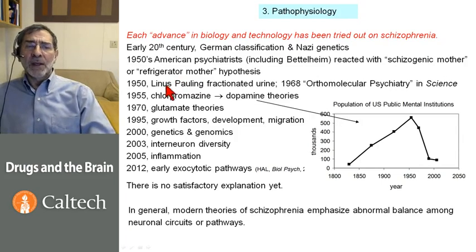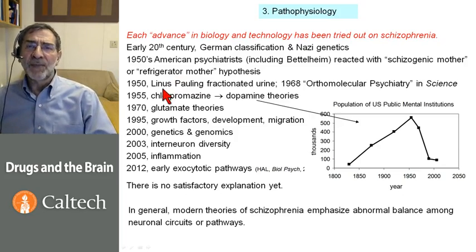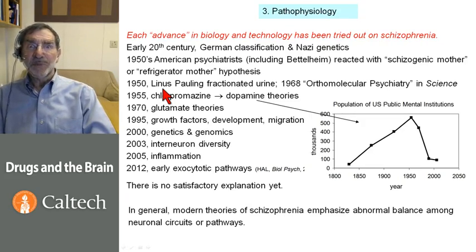This was at about the same time that Bettelheim was developing the so-called refrigerator mother hypothesis of autism, since roundly rejected. In the 1950s, the great Caltech chemist Linus Pauling was developing the idea that sickle cell anemia, a monogenic disease, is caused by a change at a single amino acid in a protein sequence.